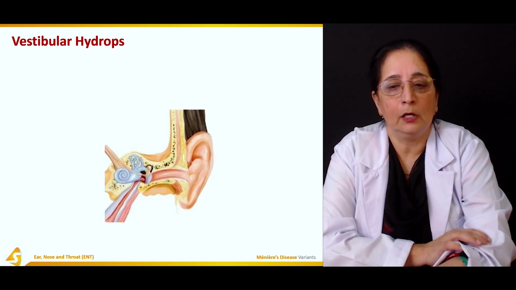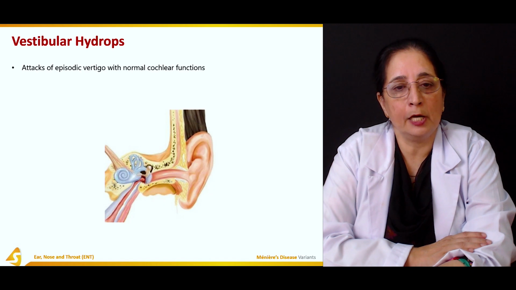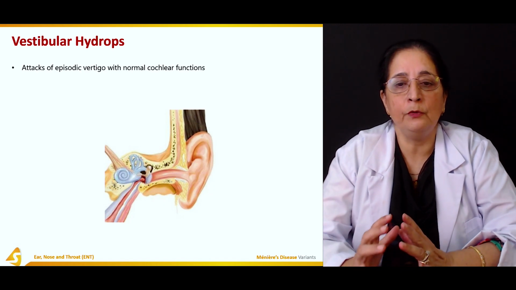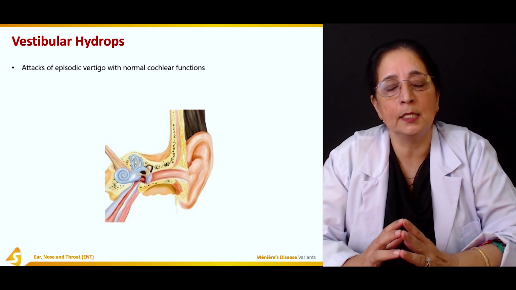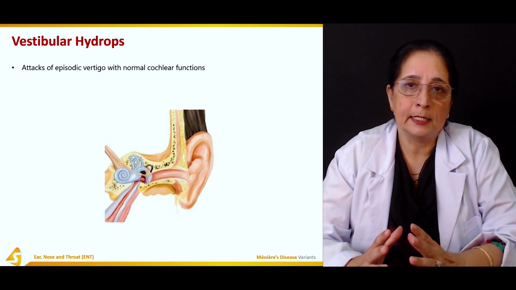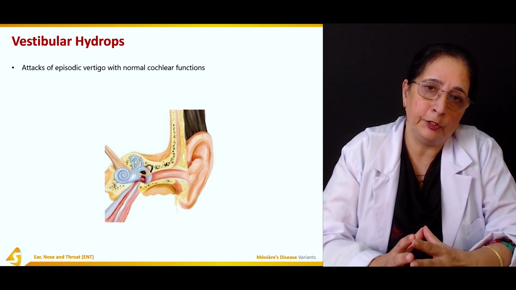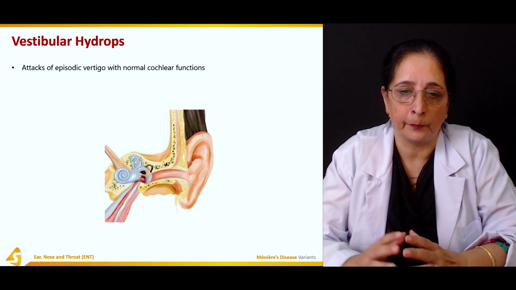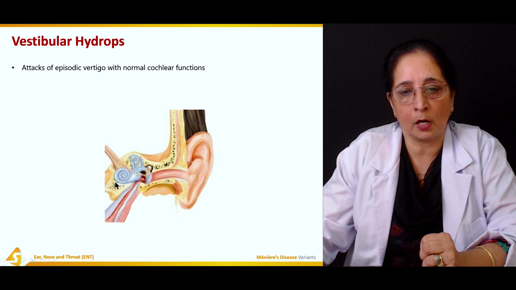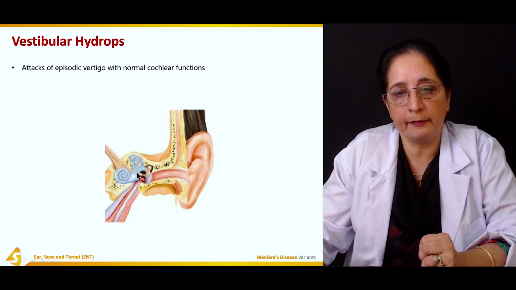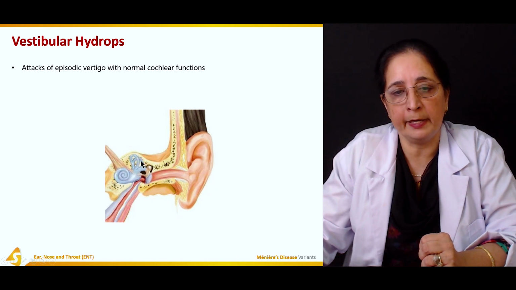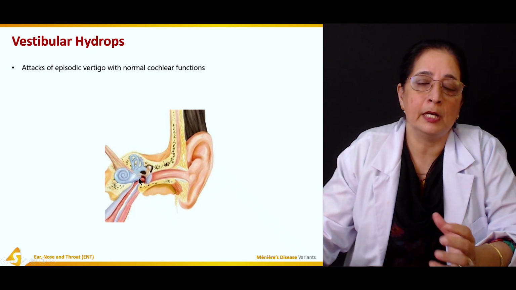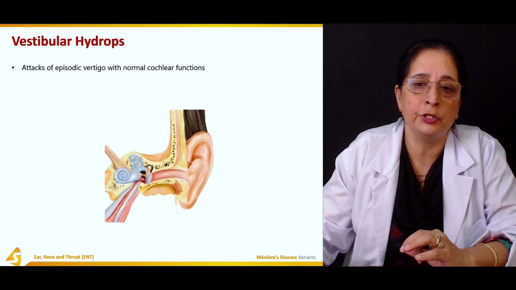Then vestibular hydrops. In vestibular hydrops you will see there is vertigo, as compared to cochlear hydrops where we have no vertigo. So this is the cochlea. This region is the vestibular region, and then we have the semicircular canals. The vestibular region has the saccule and utricle.